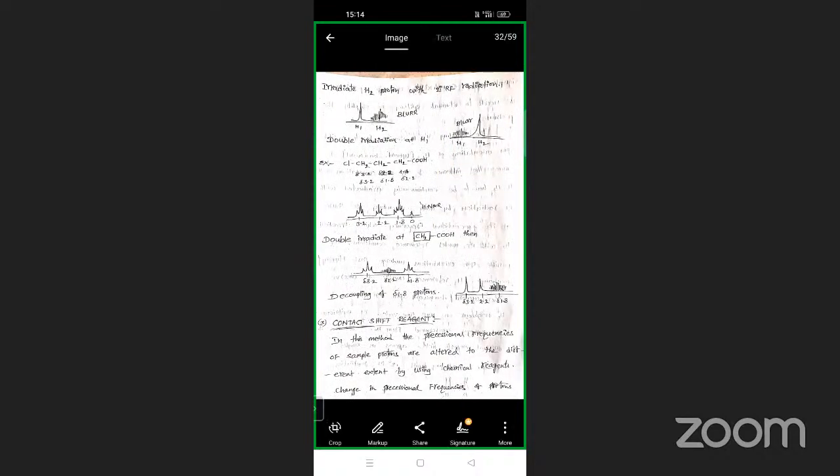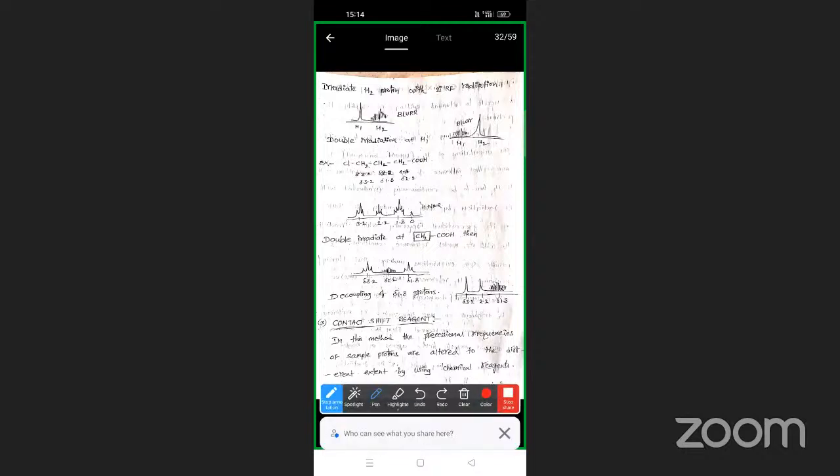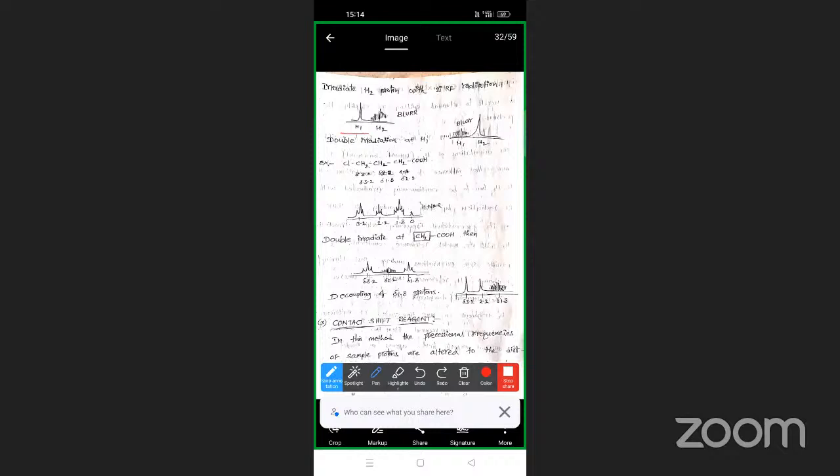Secondary radio frequency means generally we apply a radio frequency, and by applying an increased frequency, it generates the secondary radio frequency. In this graph, the H1 proton appears as a clear spectrum, HA and HB.